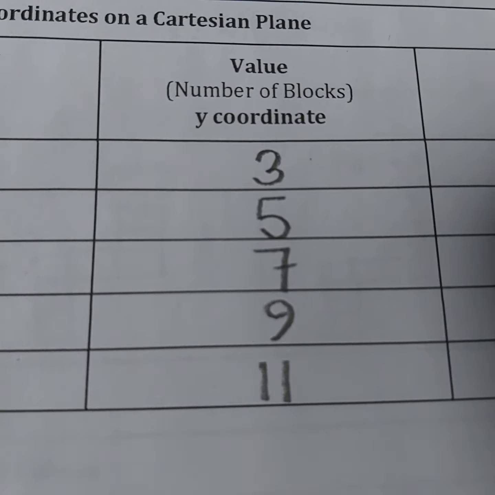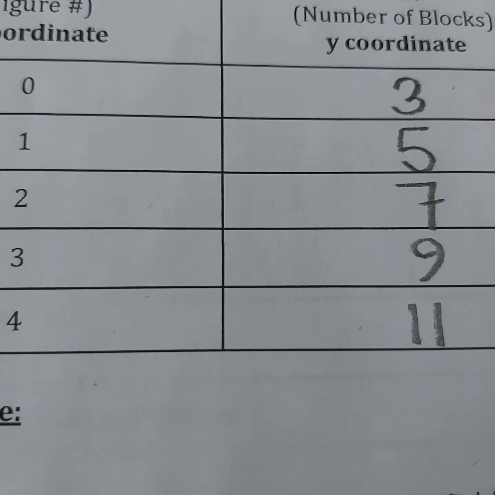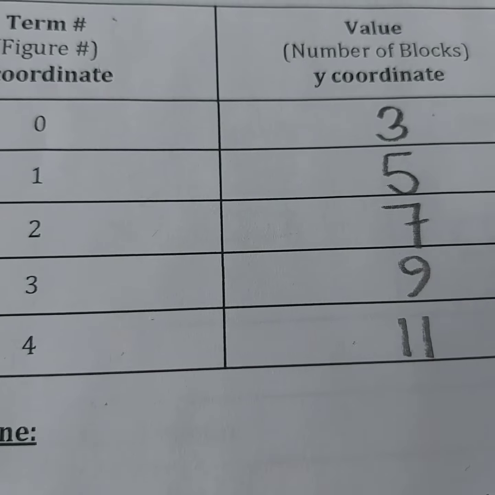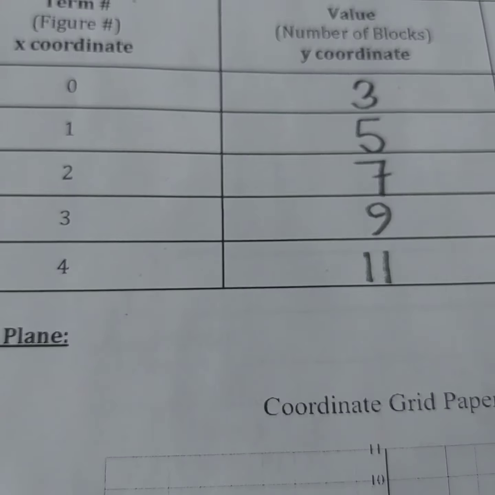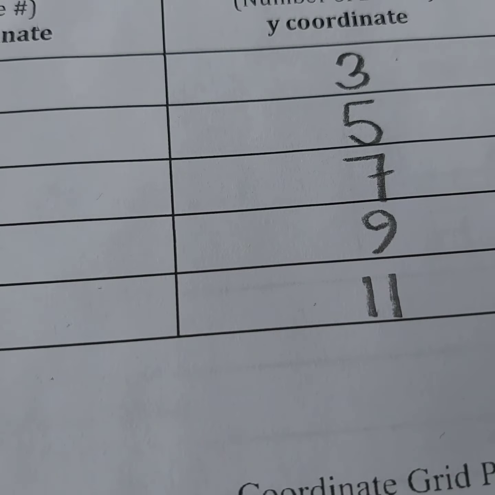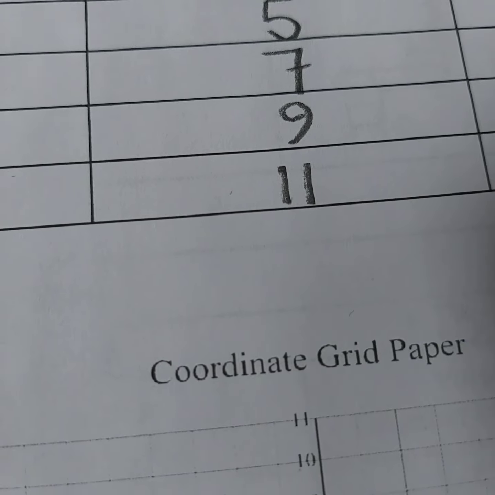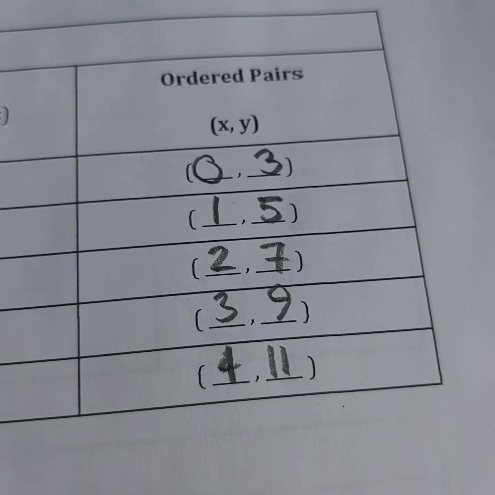Okay, so 0, 3; 1, 5; 2, 7; 3, 9; 4, 11; and so on and so forth.